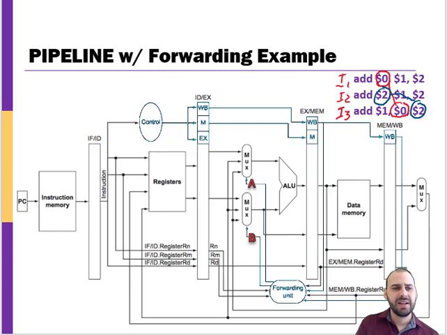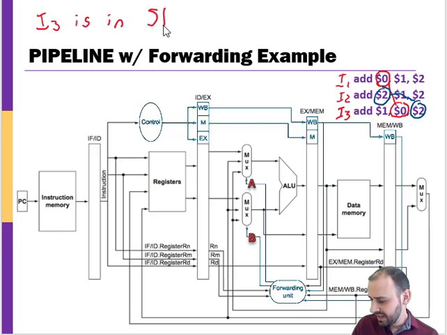One of the first things I want to do is look at what happens in this example, and particularly I want to trace what occurs when instruction 3 is in stage 3, which is the execute stage.